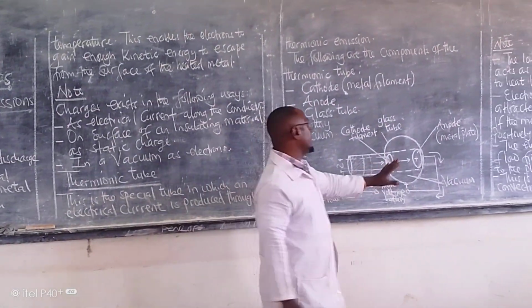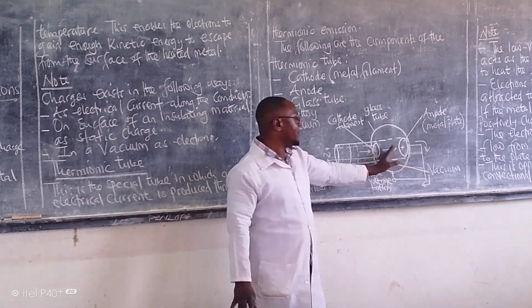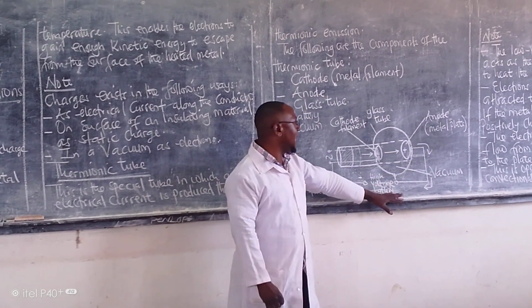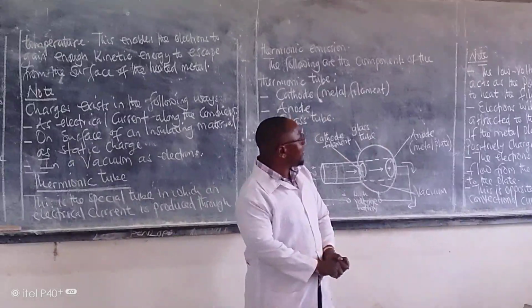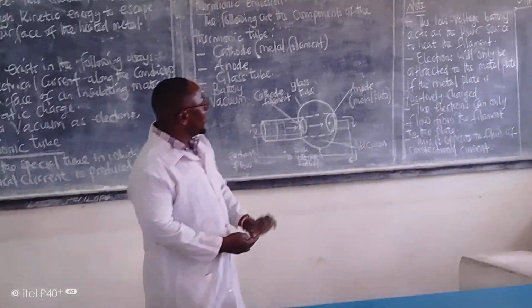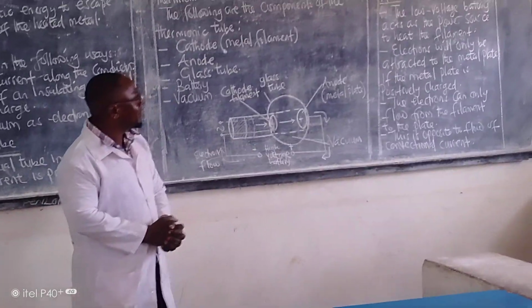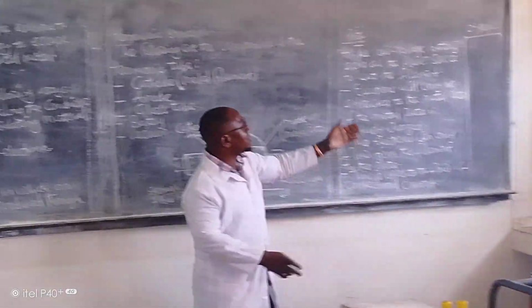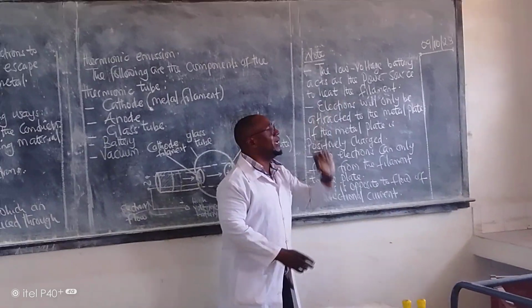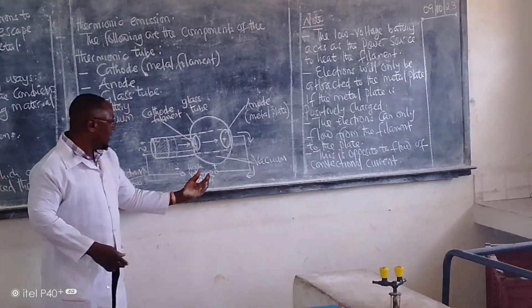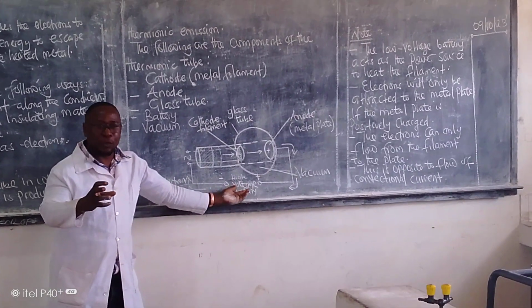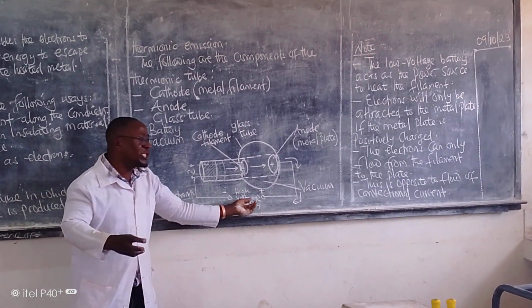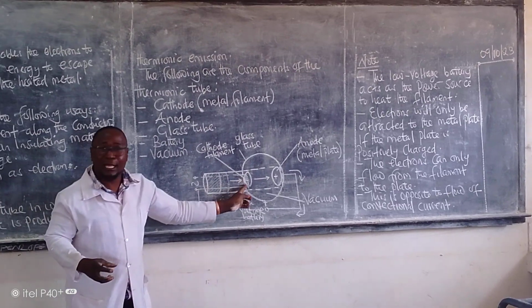This is how the thermionic tube operates. Let's look at the notes. The low voltage battery acts as the power source to heat the filament. So this battery acts as the primary source, providing the voltage which is going to heat up the filament.